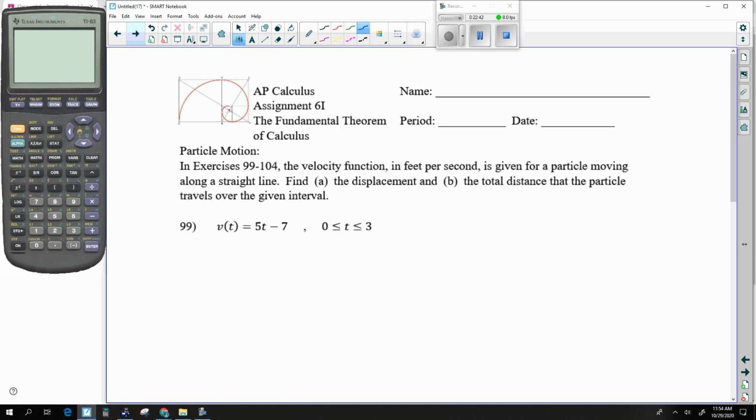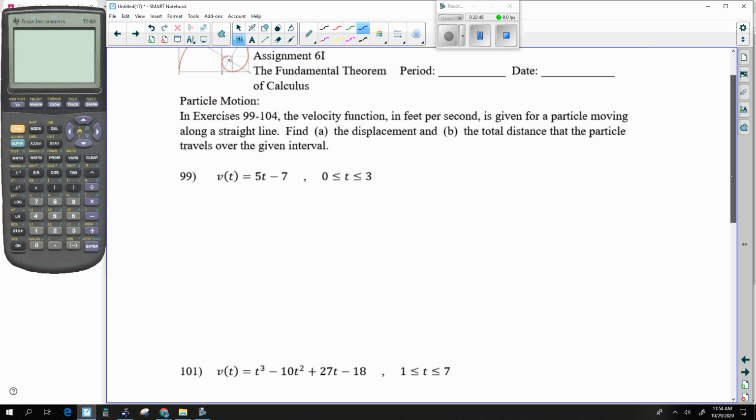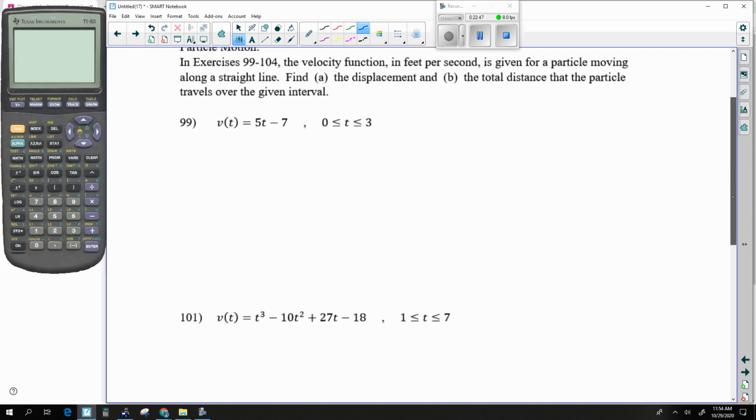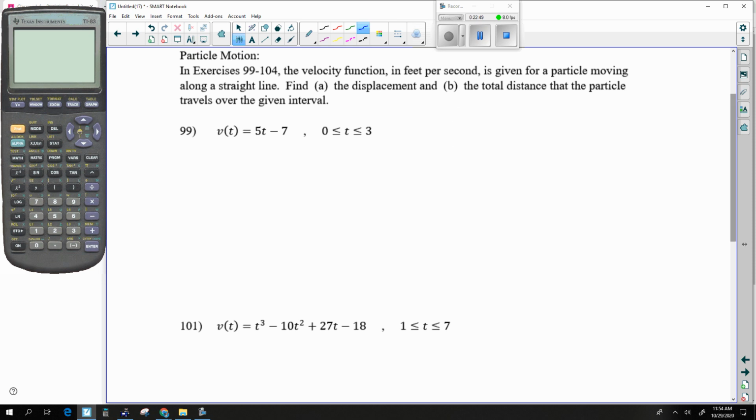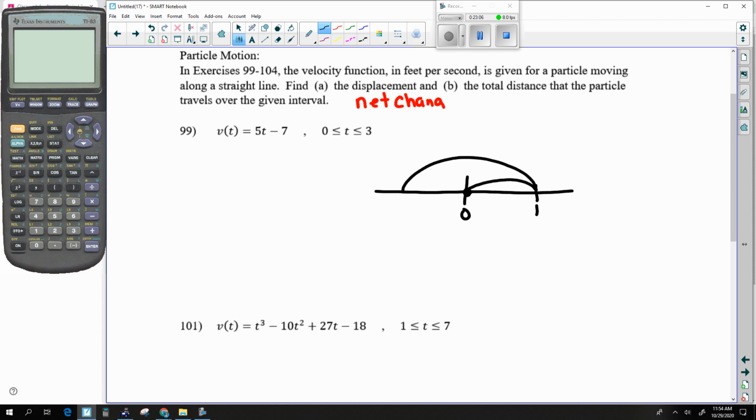Okay, here they want the displacement and the total distance. Displacement is the same thing as saying net change. So for instance, I start at 0 and I run 1 mile this way, and then I run 2 miles this way, and then I run a mile this way, and then I run a last 2 miles up to here.